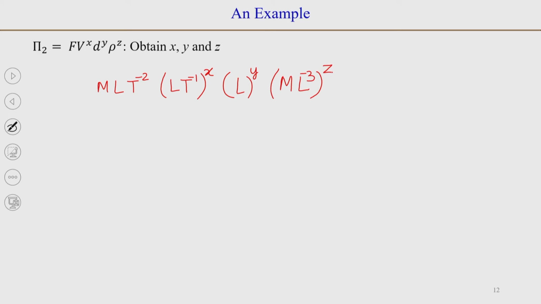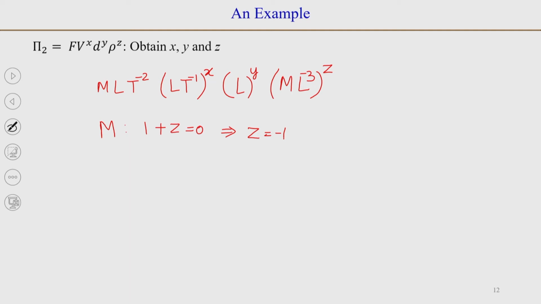If we combine, for M we get 1 plus z is equal to 0, which gives us z is equal to minus 1.